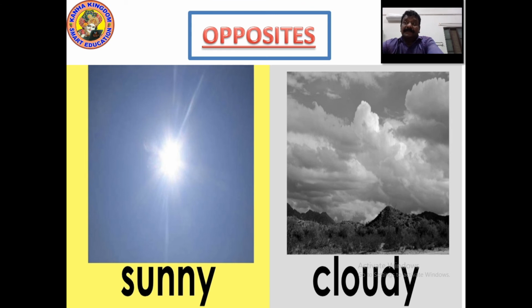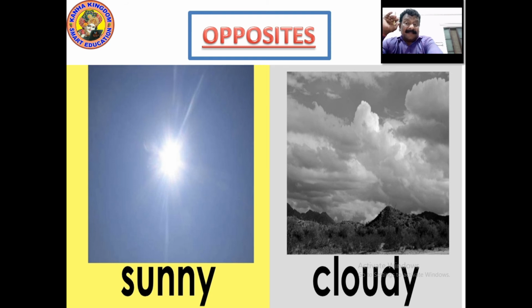What are clouds? When the sun cannot be seen, the clouds form and make the entire thing dark. When the cloud comes in between the sun and the earth, it acts like a curtain.